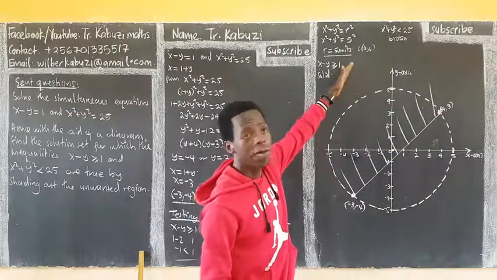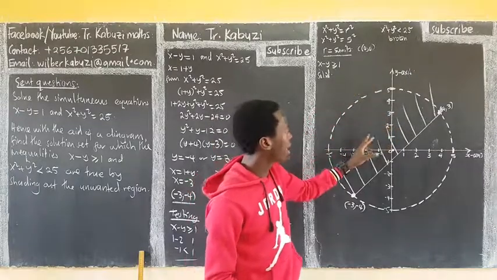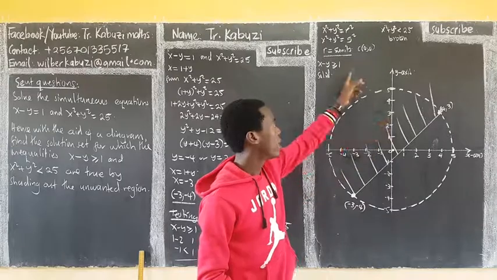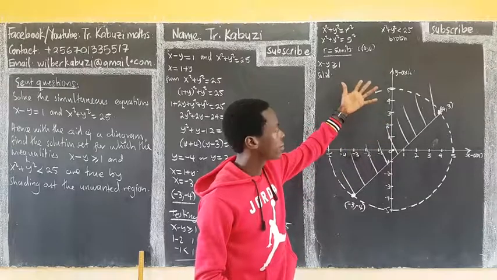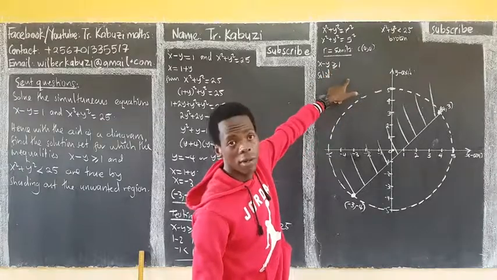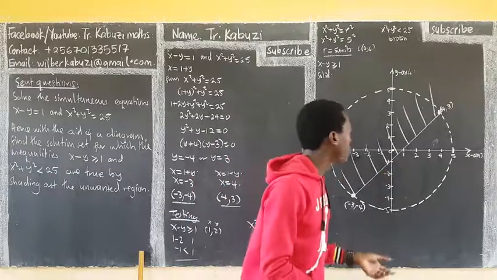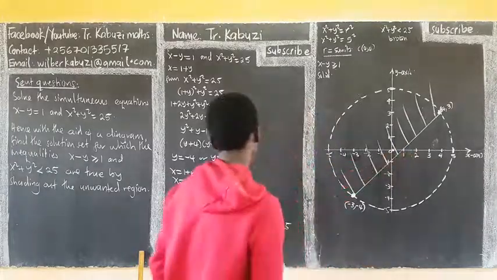So for that, we test either by picking a point inside the circle or outside the circle. Outside the circle, you can take the point (-4, 6), or you can take one inside, like (1, 1).